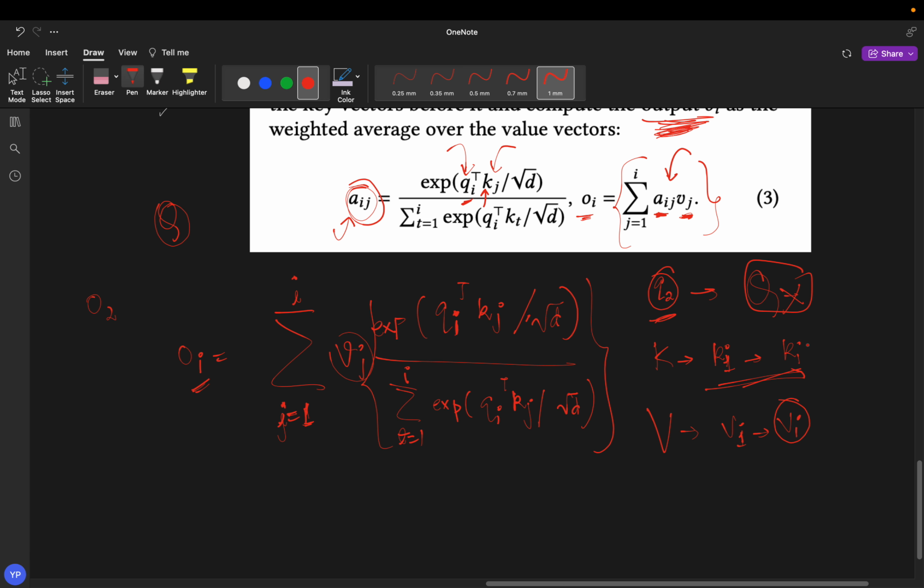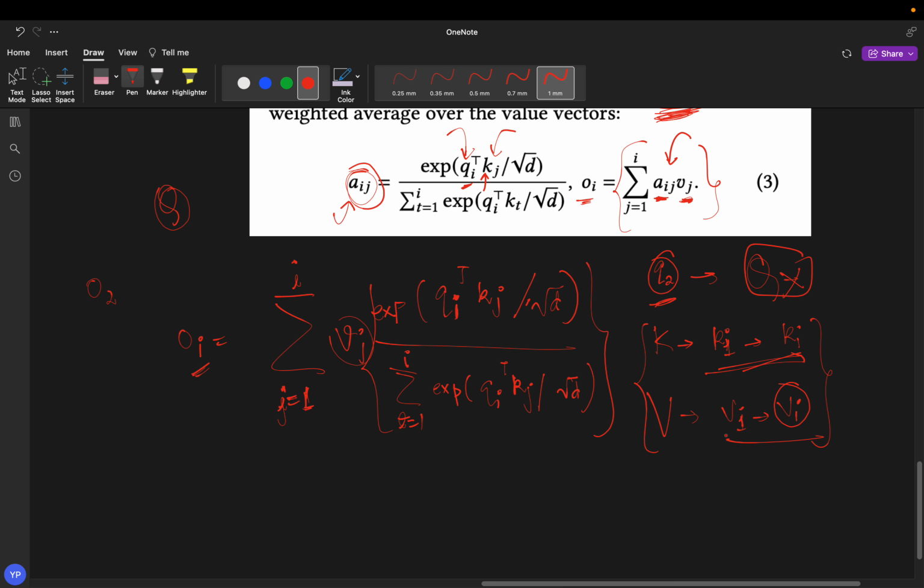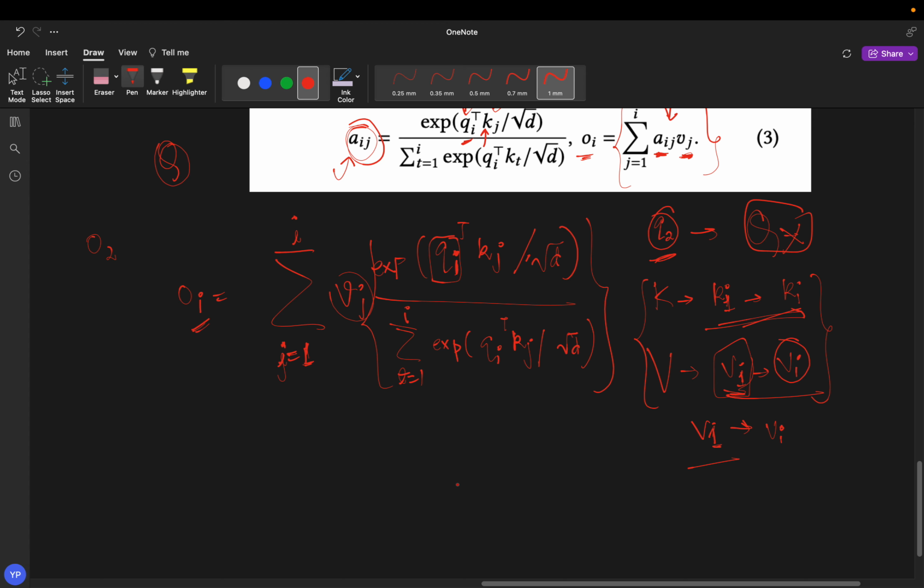That is why we are trying to cache K and V, because we need these values from the starting till the current index. But in case of Q, we only need the value at that particular index, not the previous values, right?